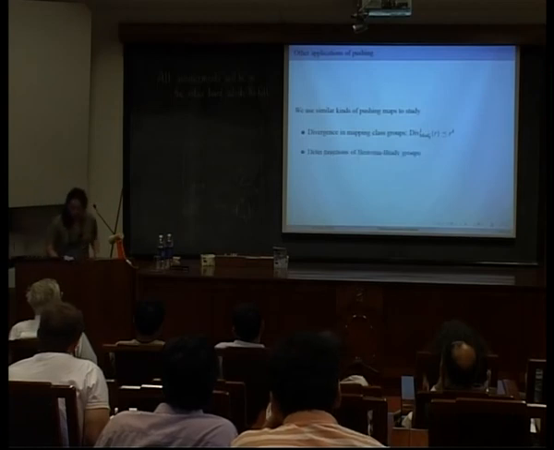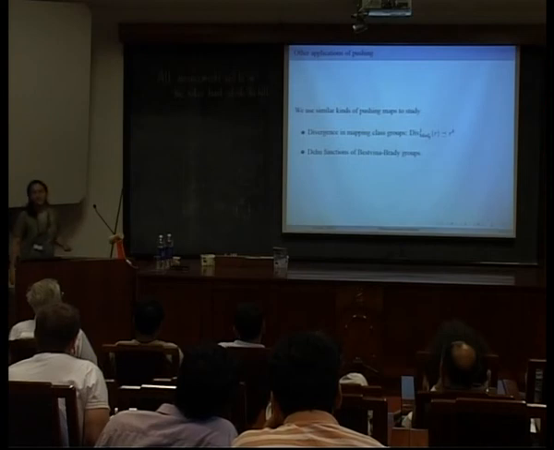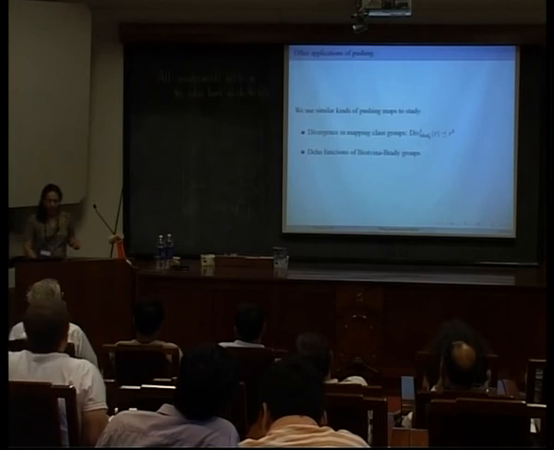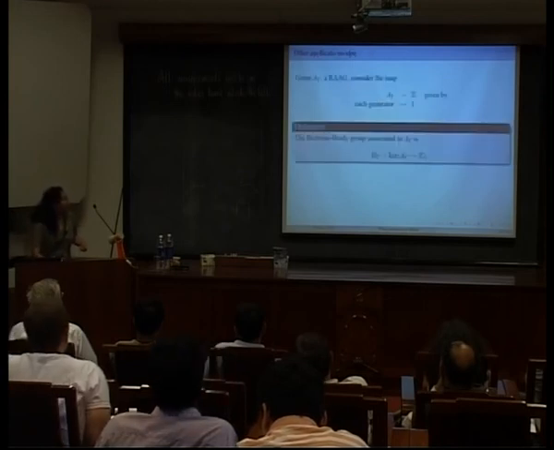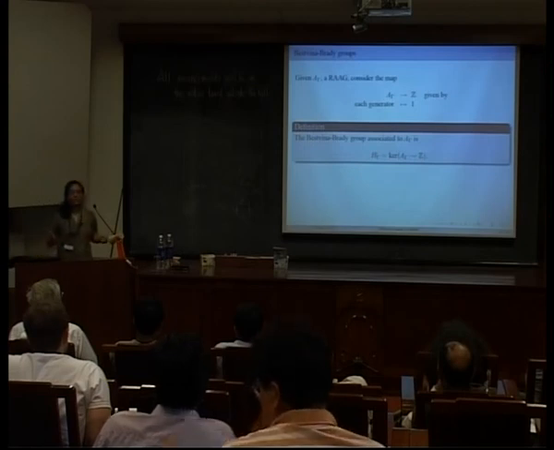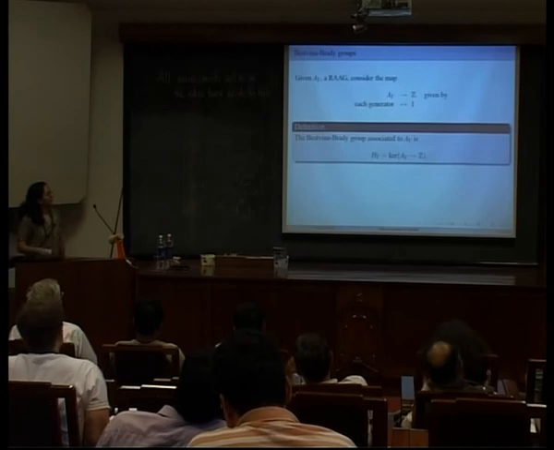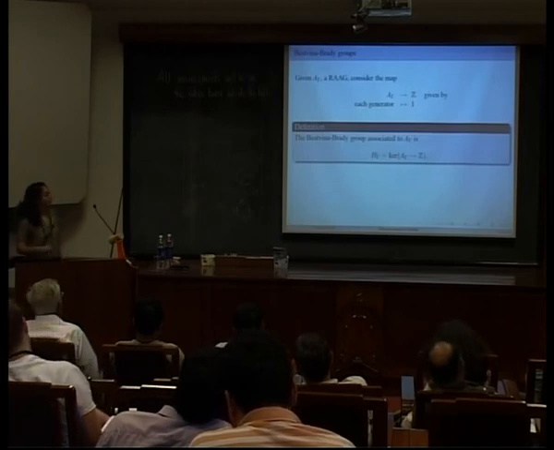Another interesting application was the case of Dehn functions for what are called Bestvina-Brady groups. So let me quickly define Bestvina-Brady groups. They are a class of groups that are subgroups of right-angled Artin groups, and they're exactly kernels of homomorphisms.